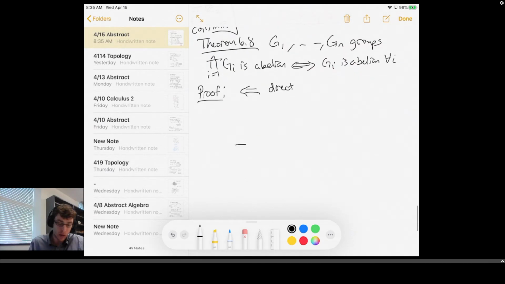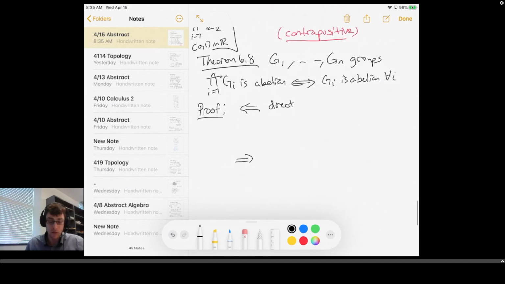But then this way, it's actually easier to do the contrapositive. Yeah, that's fine. We'll do it direct. I think it's easier sometimes to do with the contrapositive, but we can do direct. We'll show it, and if you want, we can even do it both ways.